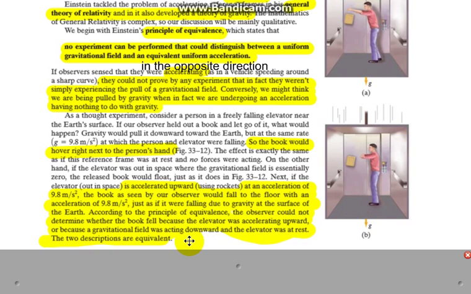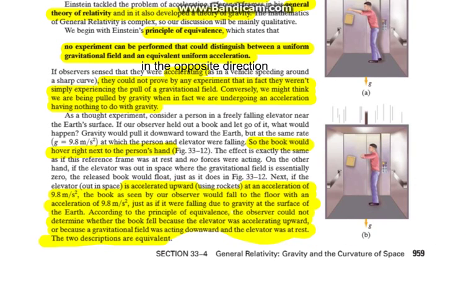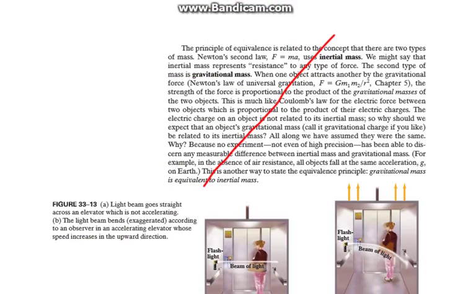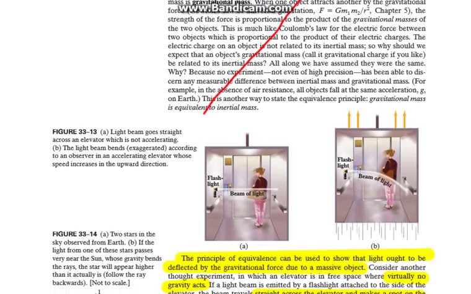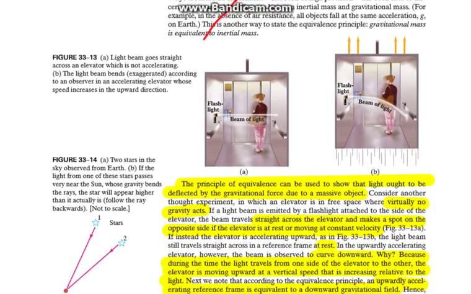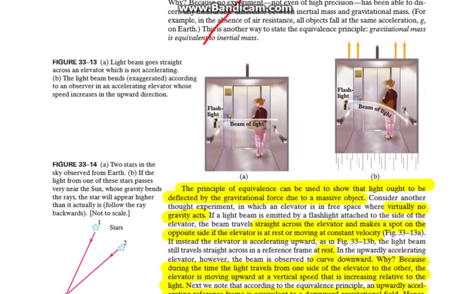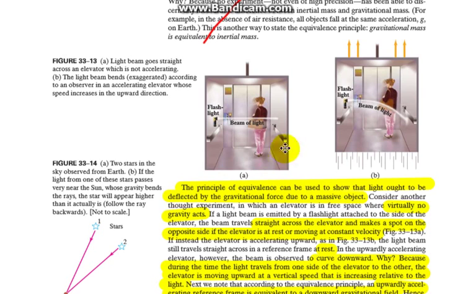So there's no way you can tell the difference between the two, whether it's gravity pulling down or whether you're accelerating upwards. That's a key thing here, and it has kind of a weird effect too coming up. We're going to skip this section because we'll be talking about that when we look back at Newton's law and gravity. So we'll look at this other little experiment involving a light beam across in an elevator, similarly to what we had in the spaceship earlier on.